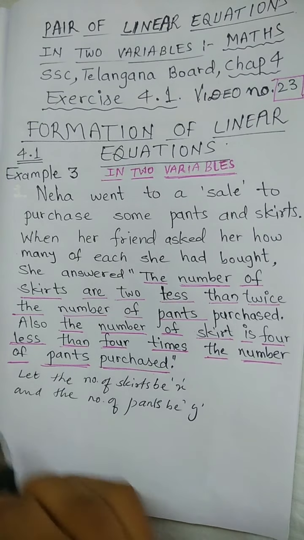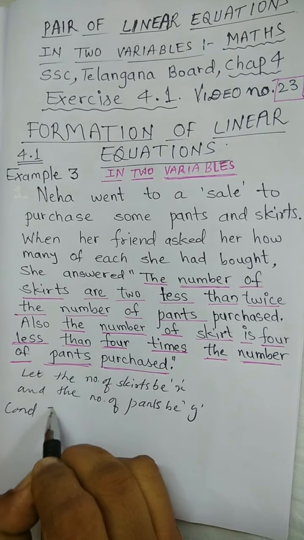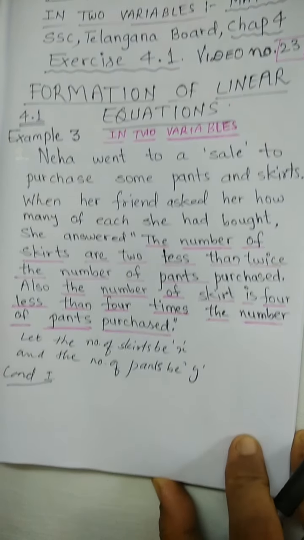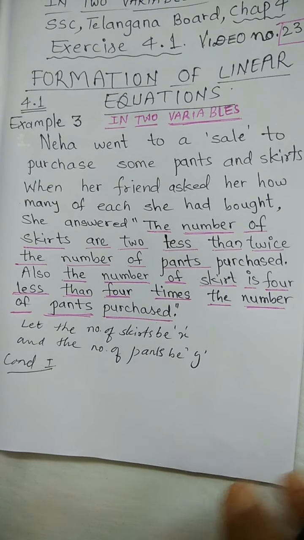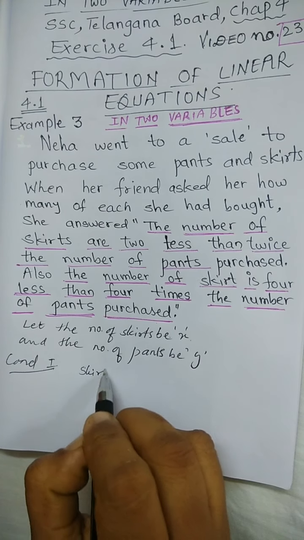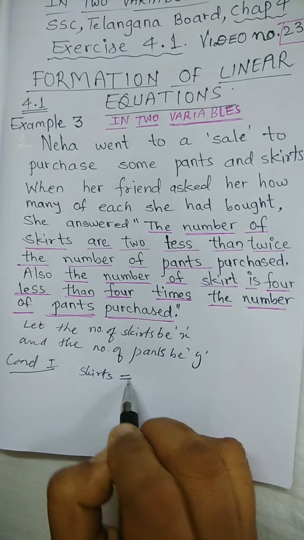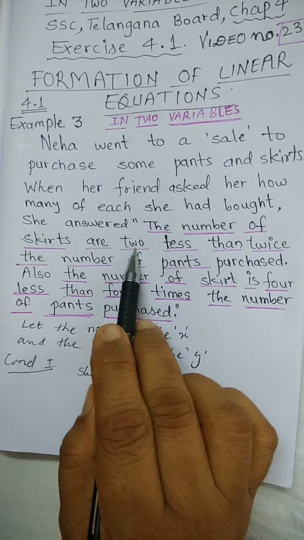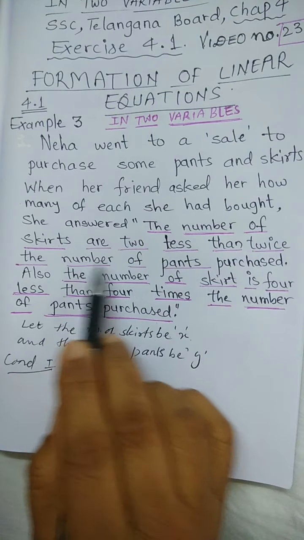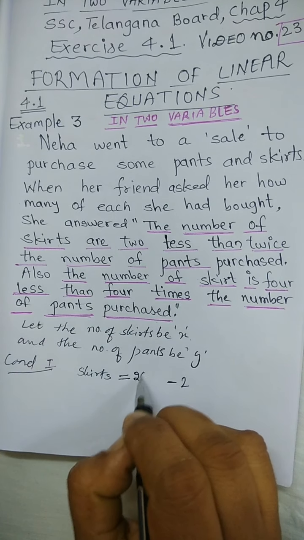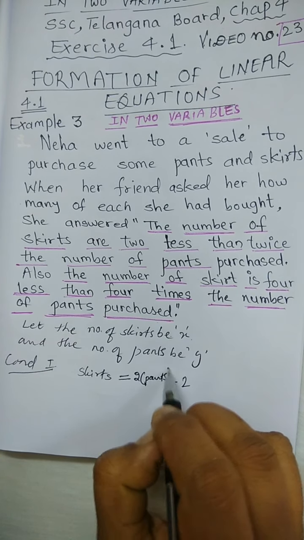So let us see the first condition. Condition first. What is first condition? The number of skirts, so number of skirts means x, are equal to two less than twice the number of pants.